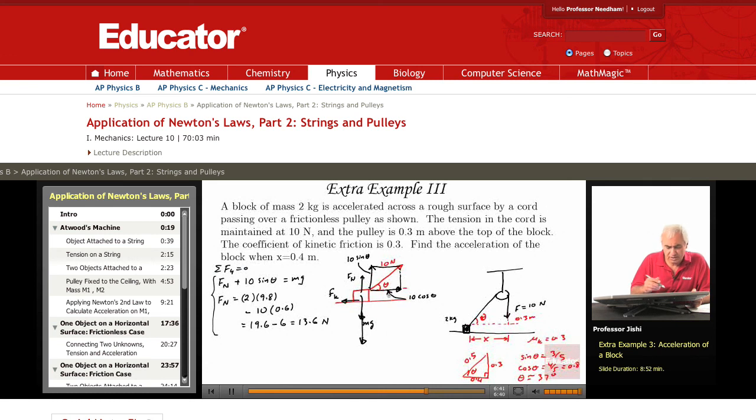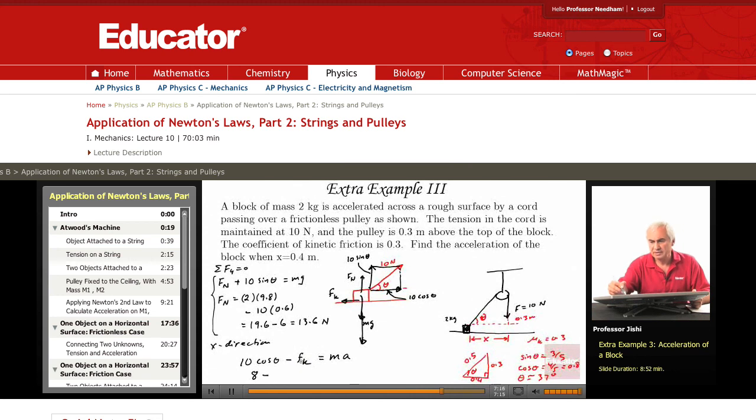In the horizontal direction, in the x direction, we have a force to the right, which is 10 cosine theta, and the force to the left is the force of friction, minus Fk. This is equal to ma by Newton's law. Cosine theta is 0.8 times 10, so that's 8, minus Fk.